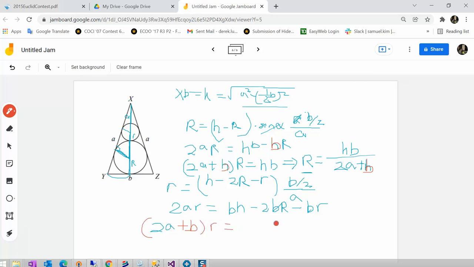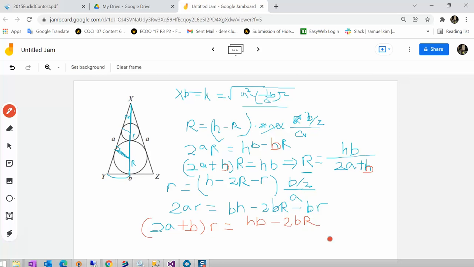This is merged to here, and it will be equal to bh, again hb, 2br, right?